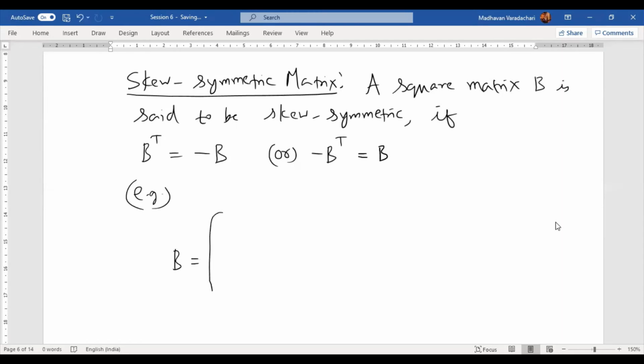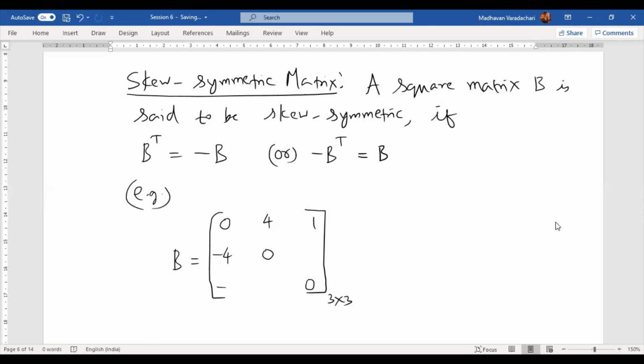B. Again, let me draw a 3 by 3 matrix. Principal diagonal, I will keep it as zeros. Here, if I write 4, here I will write minus 4.